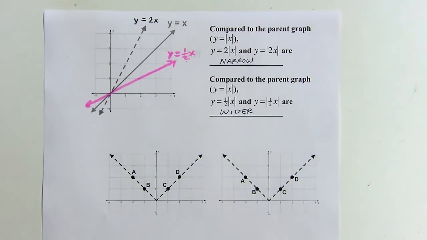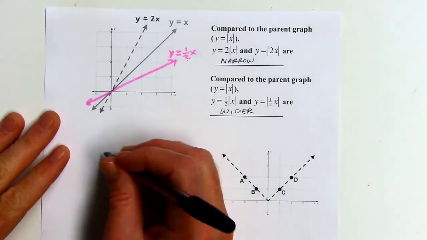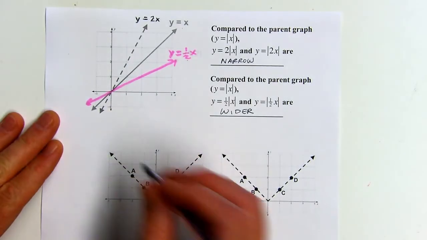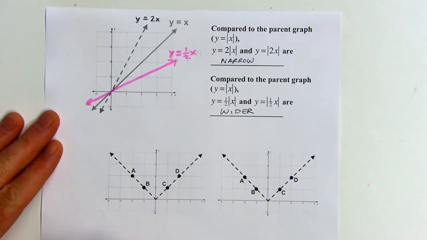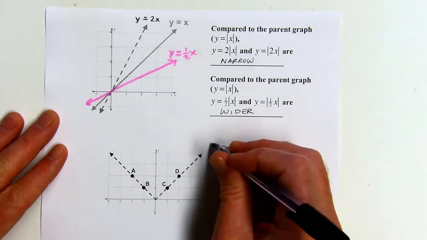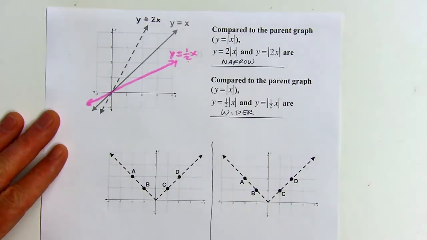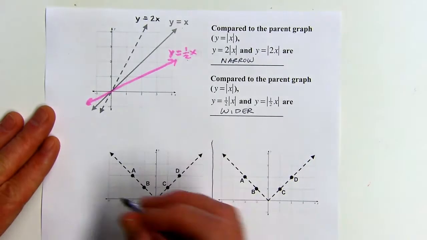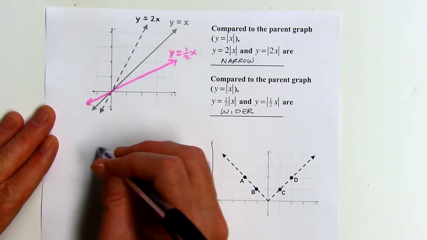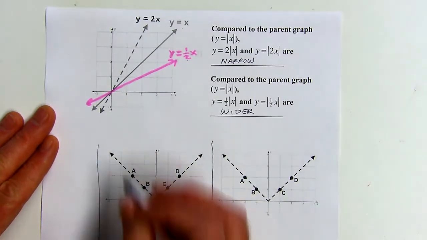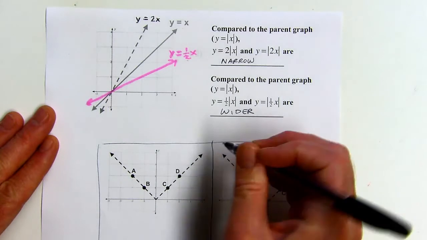Okay? So what I'm going to do here is make a little chart. I'm going to split this into 4 sections, like so. Okay? And I'm actually going to close this off, like so. All right.